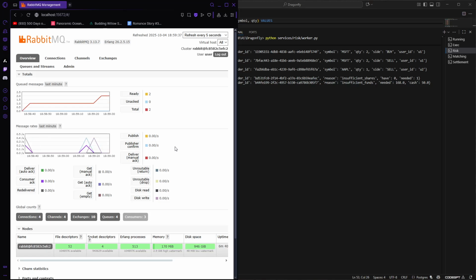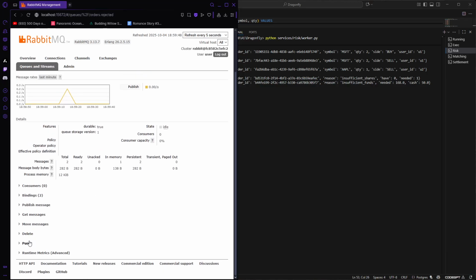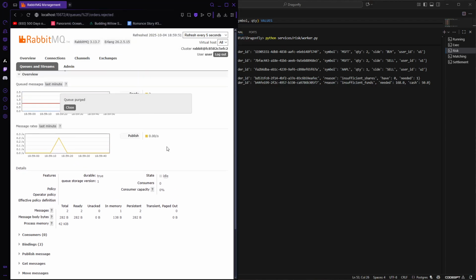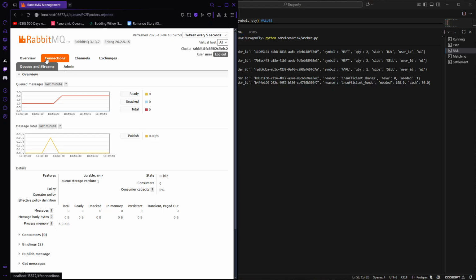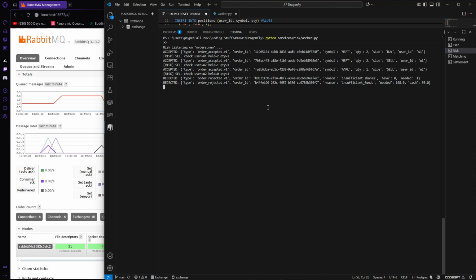It's worth noting that again, to limit the scope of this, I don't have a queue flusher, so rejected items are put on the queue until the queue is flushed manually, just to limit the scope of this again. So I can manually purge the queue and it will get rid of those rejected ones because there's no user that accepts those queues, so it never gets passed anywhere, so it stays there forever.